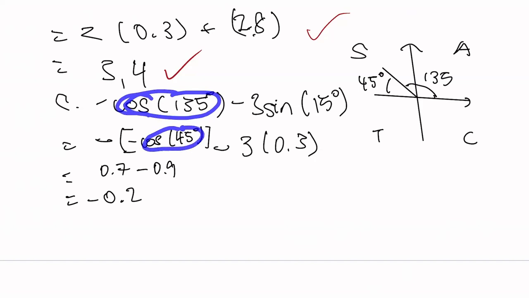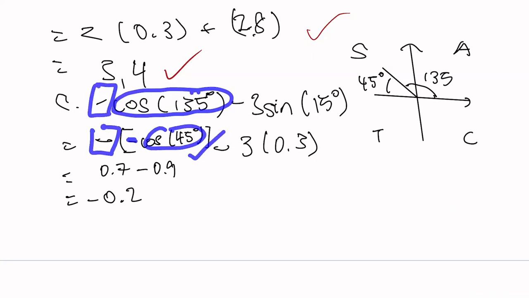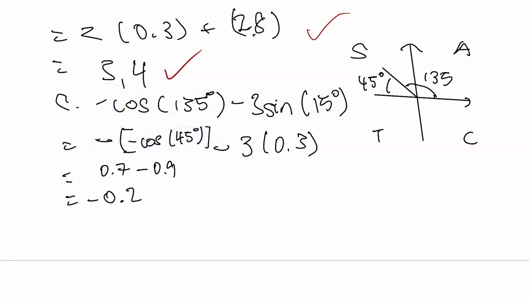But wait, what's the sign? This is quadrant 2 angle, 135 degrees, which means that only sine is positive. Everything else must put a minus. So that's why you replace the cosine 135 here with negative cosine 45. This is very good. But the negative right from the beginning, just copy and paste.